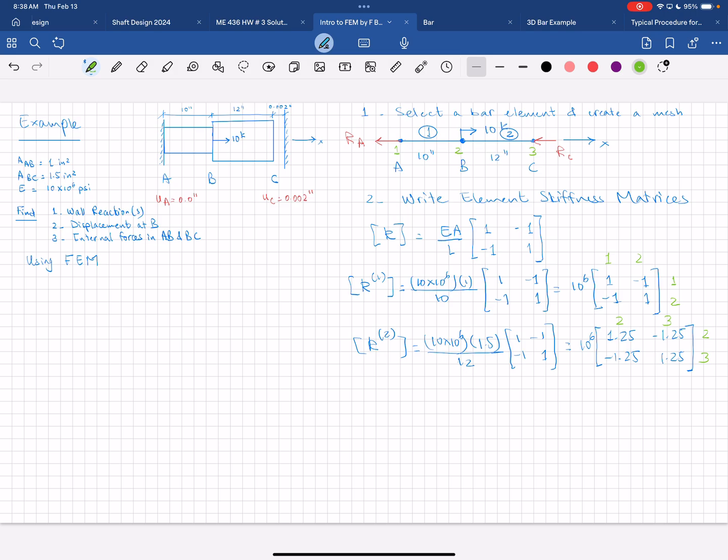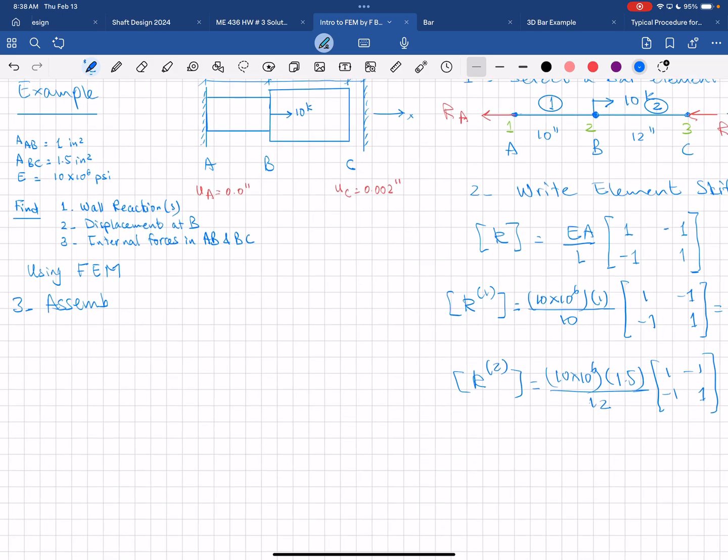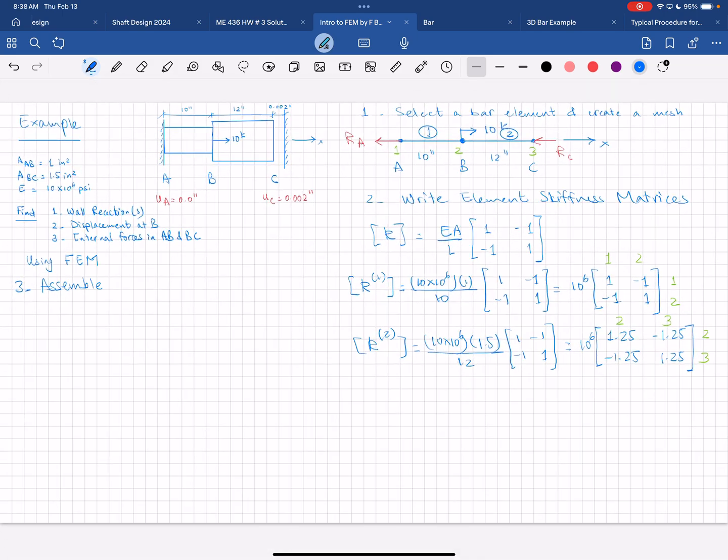Next, I'm going to go to step number 3, where I'm going to assemble the stiffness matrix K using the direct stiffness method, where K is equal to the sum from i equals 1 to 2 of the element stiffness matrices.